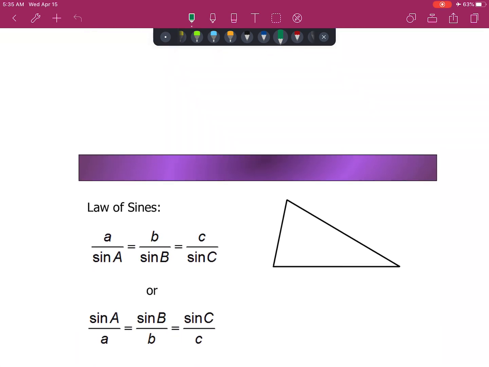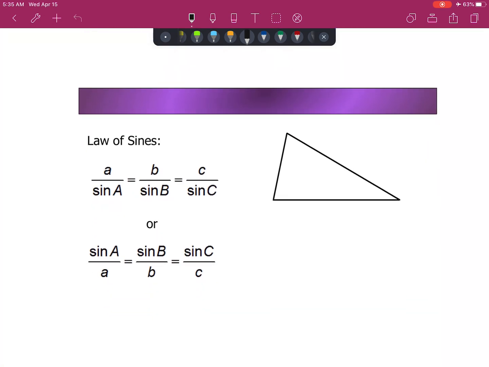The law of sines takes a triangle. Angles are labeled with capital letters, and their side lengths are across from those angles in lowercase letters.